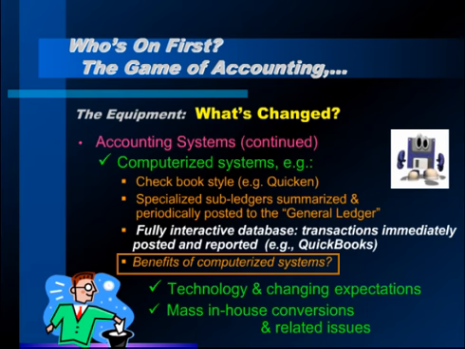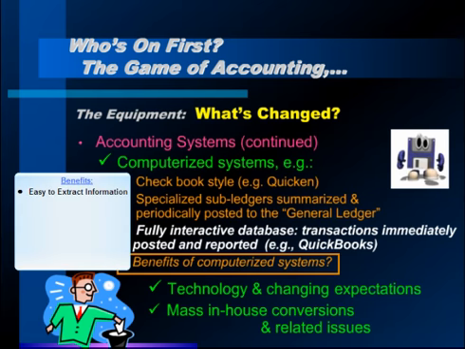What are some of the benefits of computerized systems? Well, the primary advantage is how easy it is to extract information. If you organize your information properly on the front end, it's all there at your fingertips, and you can sort and slice and dice your information in a number of ways. You can run reports for different time ranges, and you can look for different customer names or vendor names or employee names.